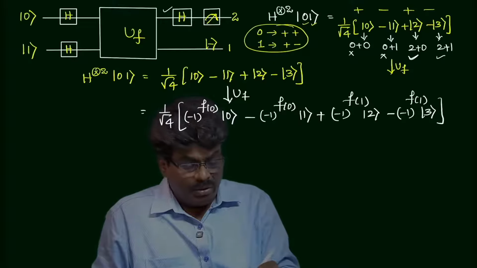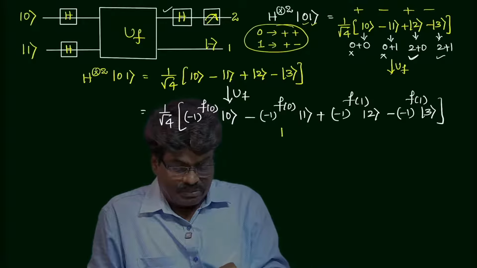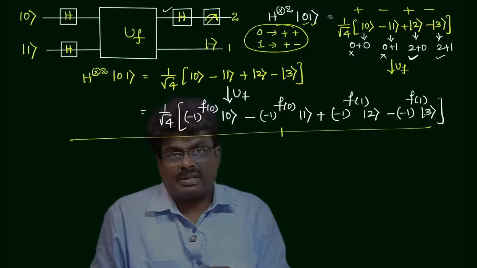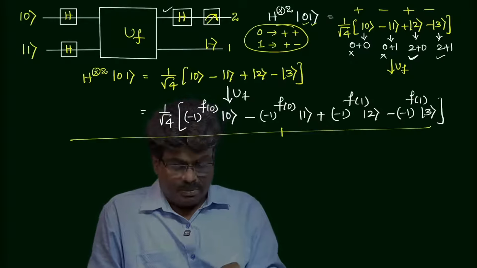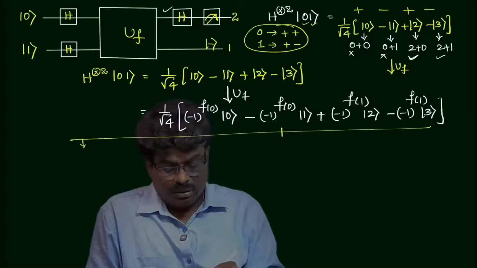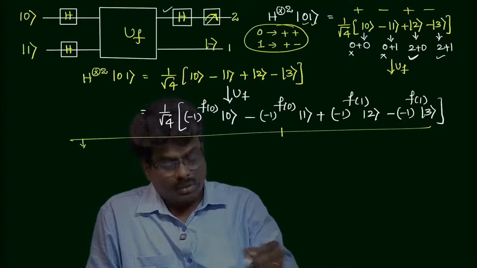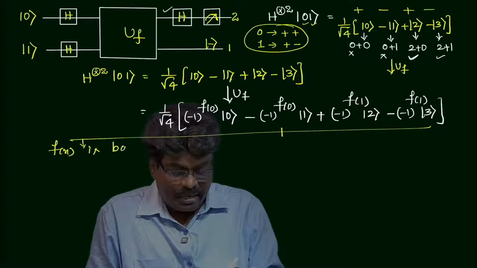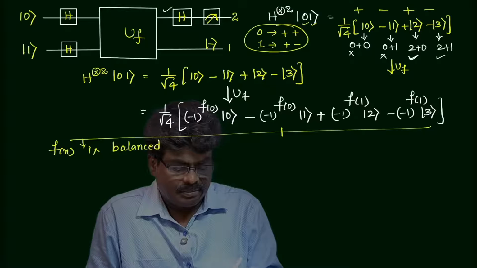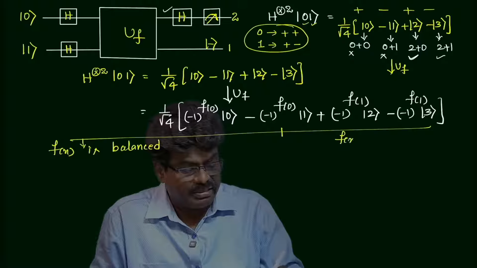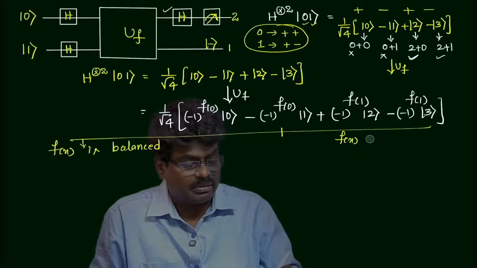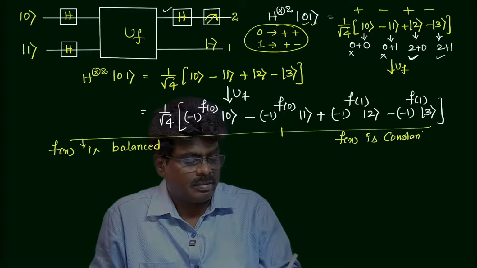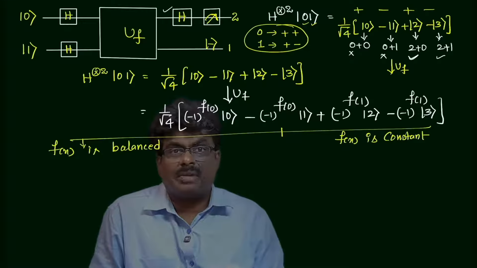Okay, so now here we have to take the options. What about your f of x? Now I am taking two options. Let us suppose f of x is balanced or f of x is constant. So what is the meaning of f of x is balanced?